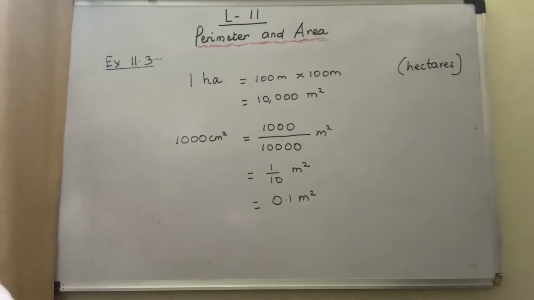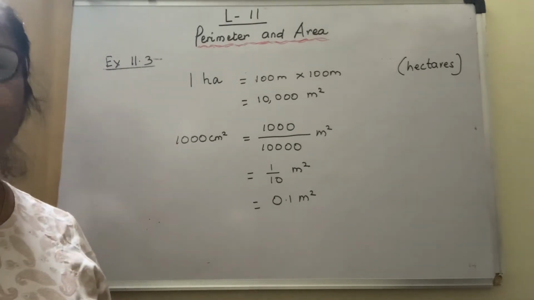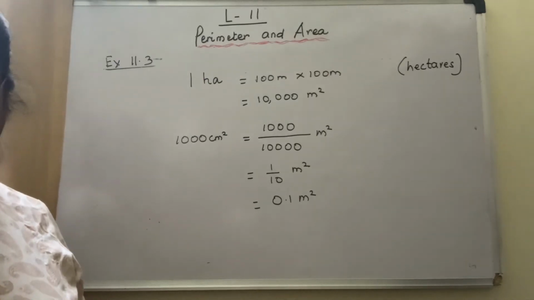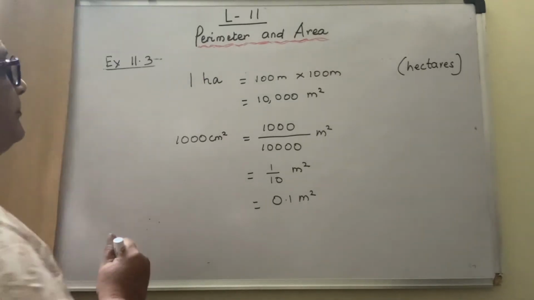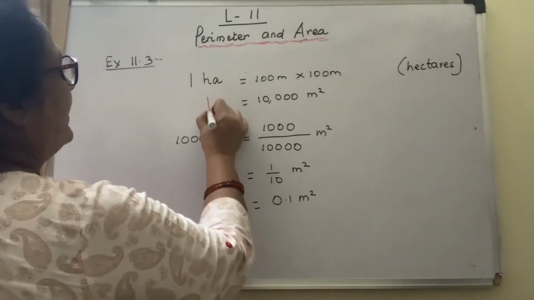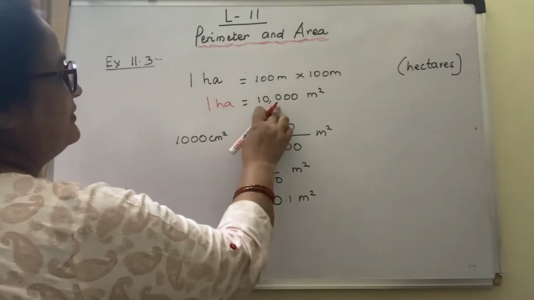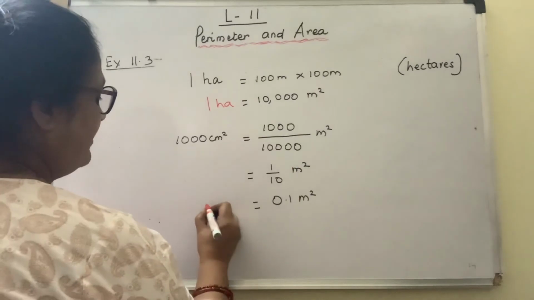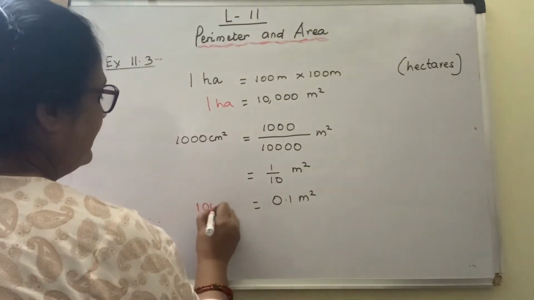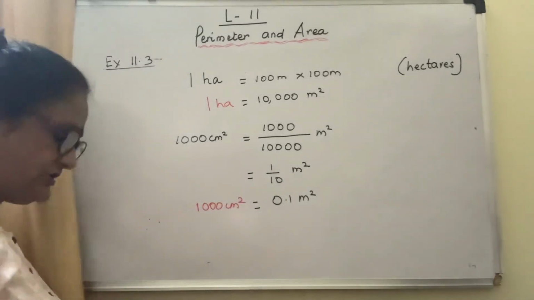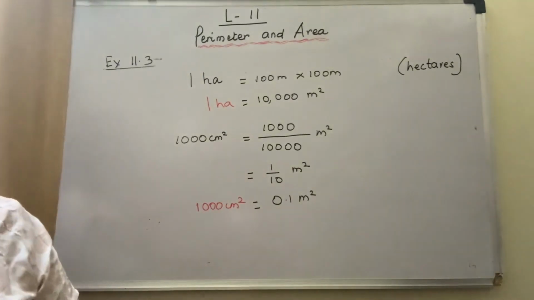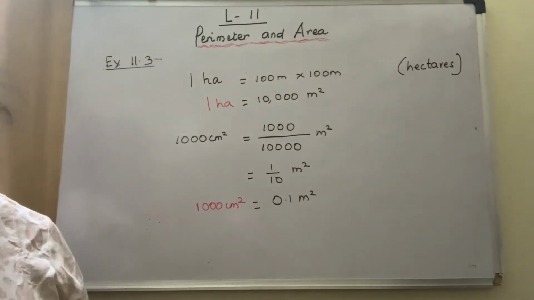So these are the basic units which you must remember and learn. That means you need to remember that 1 hectare is equal to 10,000 meter square, and 1,000 centimeter square is equal to 0.1 meter square.